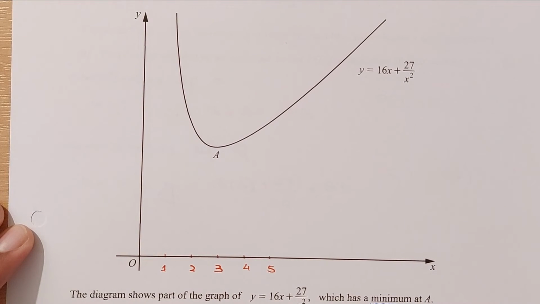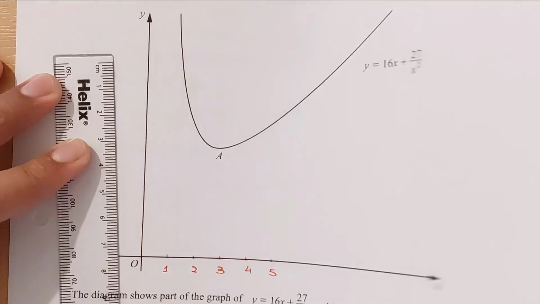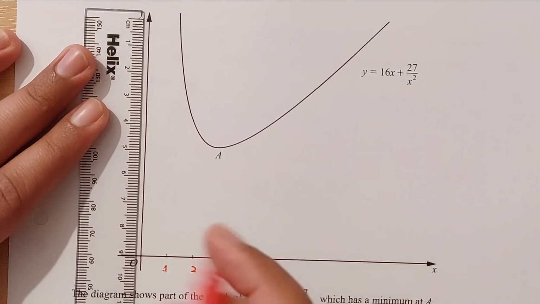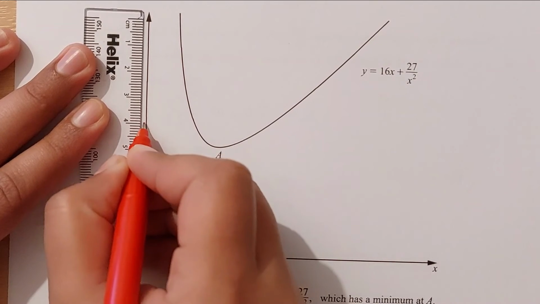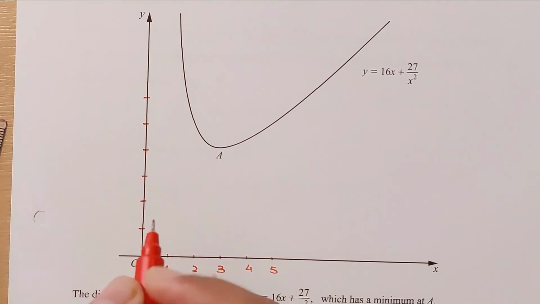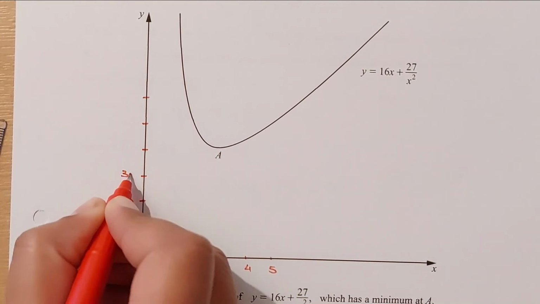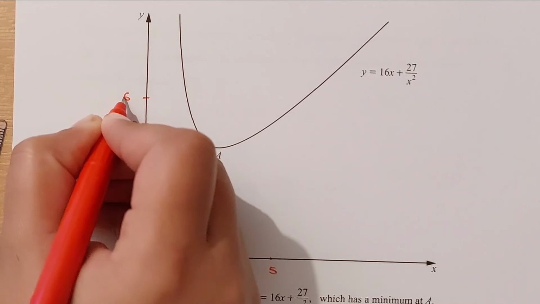For y the values are 43 and 51. Let me choose a scale of 10: 10, 20, 30, 40, 50 and 60.